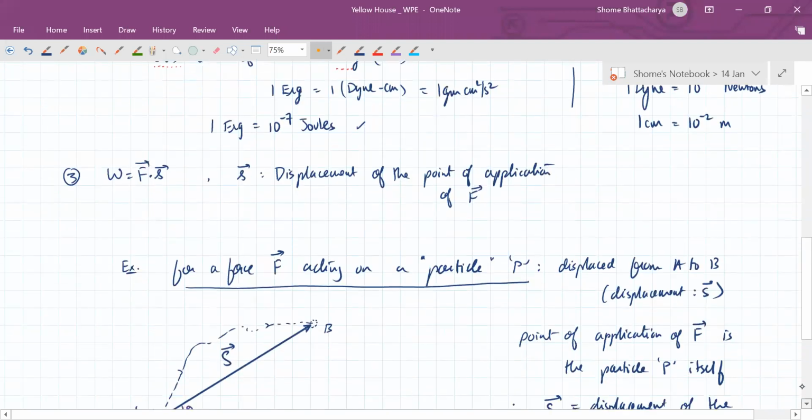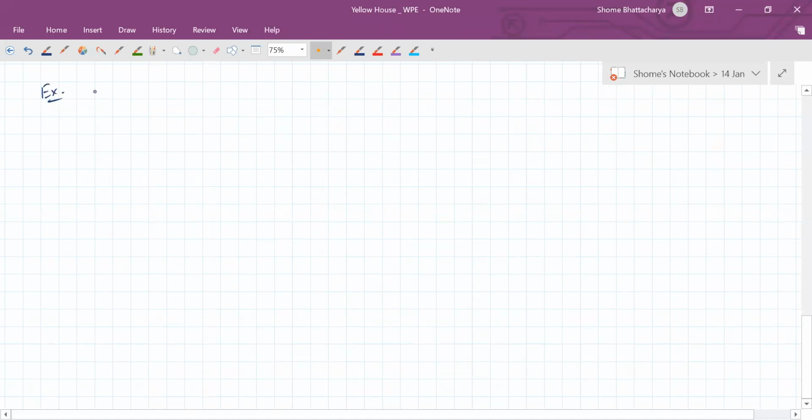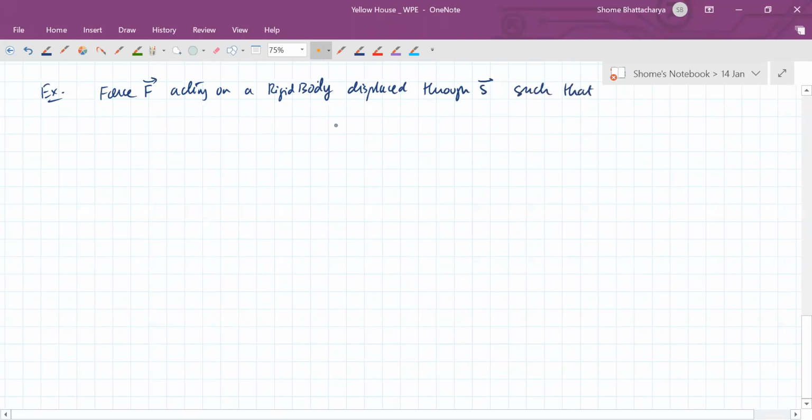Okay. Now coming back to displacement of the point of application. Now next let us see force F acting on a rigid body, displaced through S, such that the body is in translation.